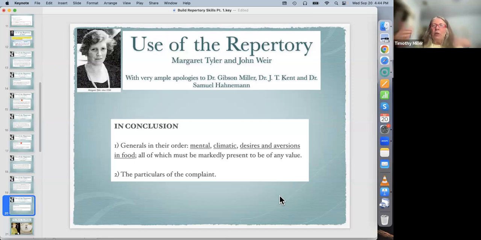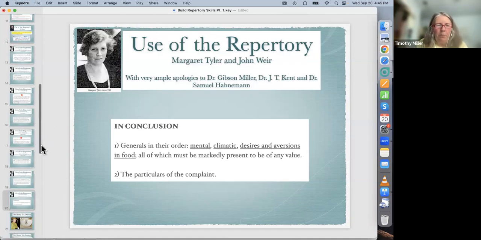Okay, so with each one of our historical teachers, we're going to have a little bit different take on the prioritization of symptoms, although in general, they are all going to follow this same pattern. And of course, the peculiar and individualizing symptoms are the ones that at the end of the day, we will be focusing on throughout. But I thought it a good idea to bring in some of these historical people for our learning and reminder.